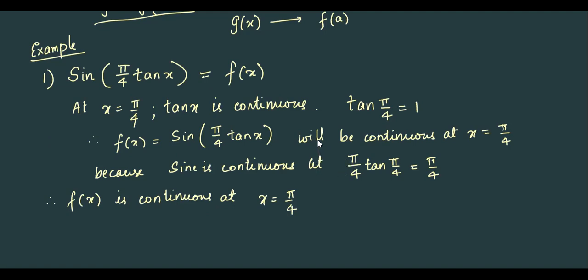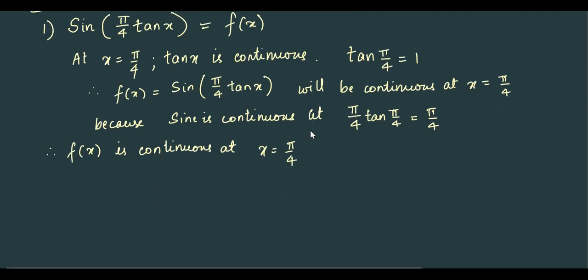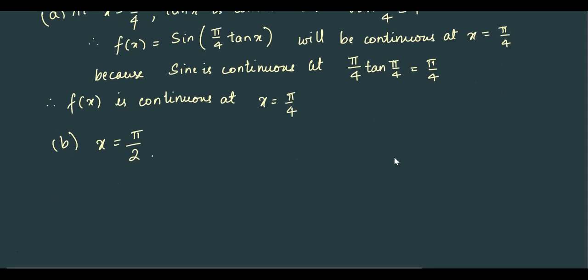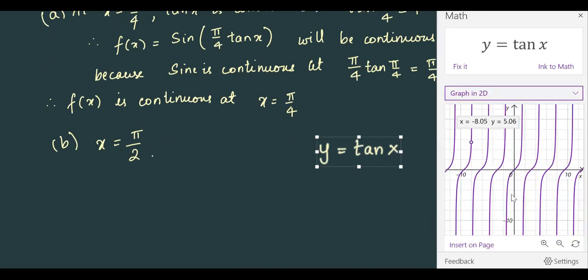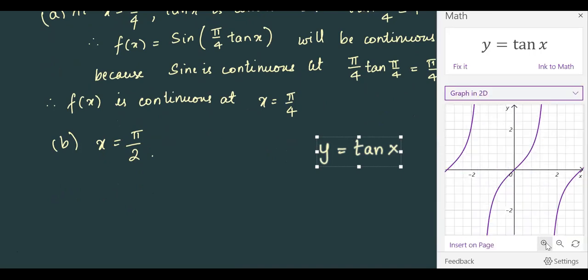All right. Now consider this case at x equal to pi by 2. At x equal to pi by 2, what happens? We all know how the tan function looks like. We'll expand this.